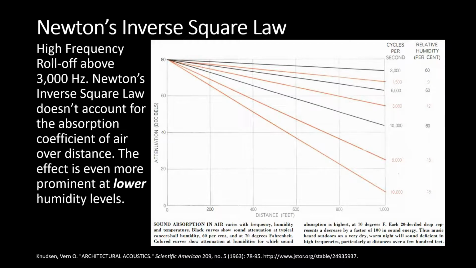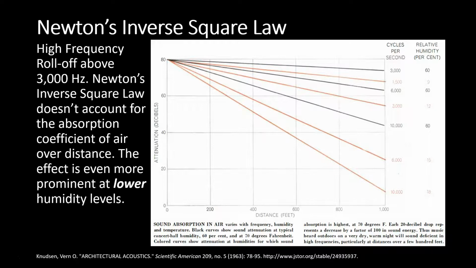So if you had a 3,000 hertz or 3 kilohertz sound at 80 decibels, when you get 1,000 feet away, it will have dropped to about 70 decibels just because of the relative humidity. A 6,000 hertz signal will drop by approximately 15 decibels from 80 to 65 at 1,000 feet.